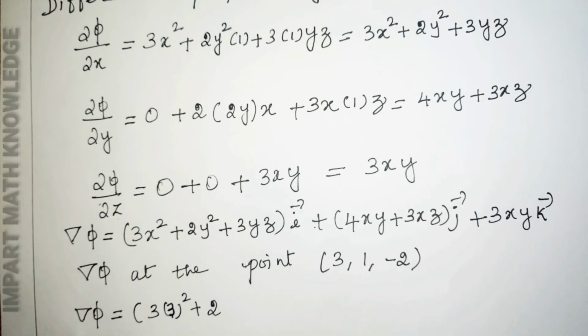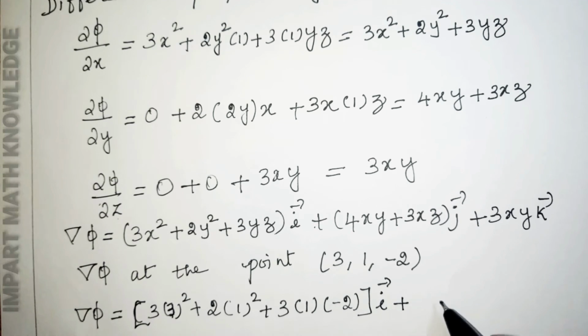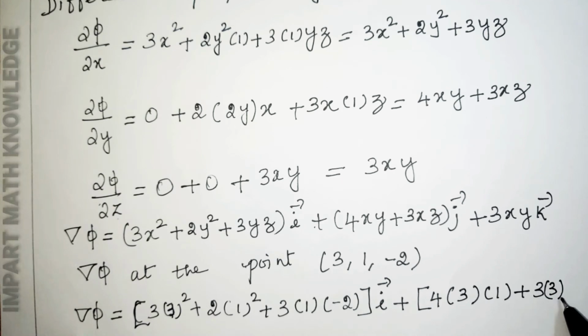Del phi is equal to 3 into x value is 3 plus 2 into y value is 1 plus 3 into y value is 1, z value is minus 2, into i vector plus 4 into x value is 3, y value is 1 plus 3 into x value is 3, z value is minus 2, j vector plus 3 into x value is 3, y value is 1, k vector.